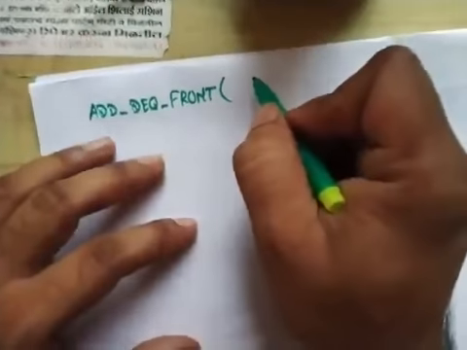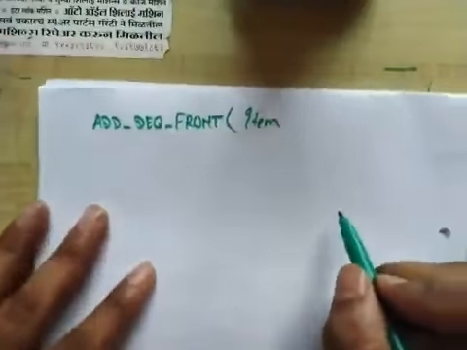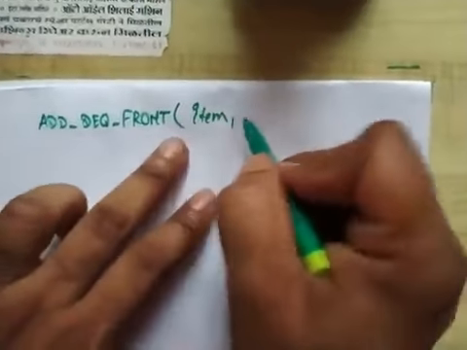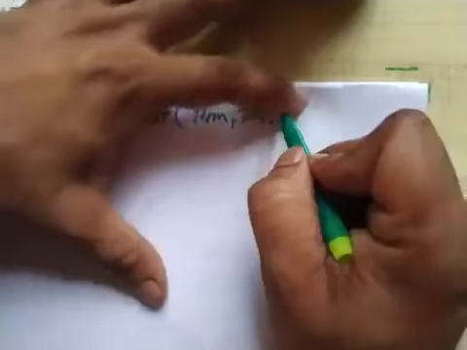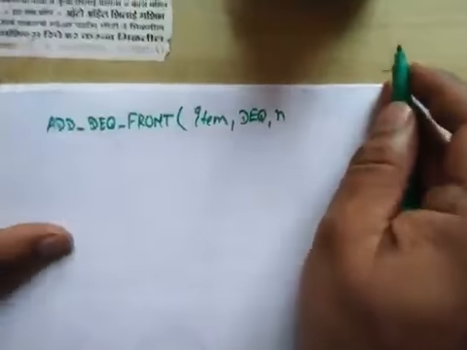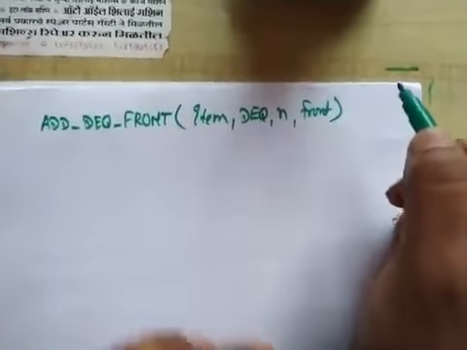Okay, so this algorithm basically takes as input an item, an array that is the deque, the size of the array, and the front position.